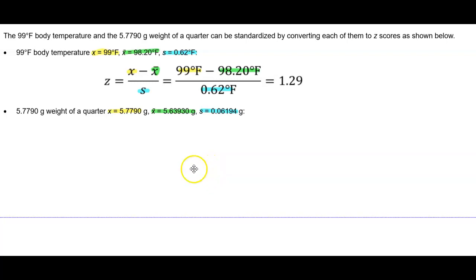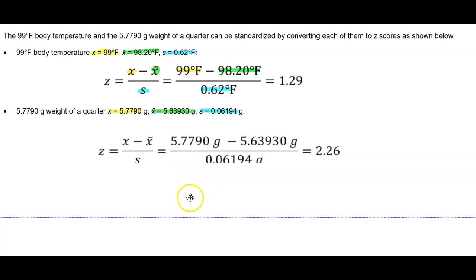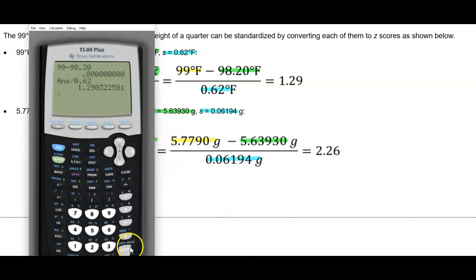All right, so we're going to use the formula again. We take the data value, which is 5.7790 grams, and then subtract the sample mean, which is 5.63930 grams, and then divide by the sample standard deviation. Okay, so let's do the calculation to verify our result.